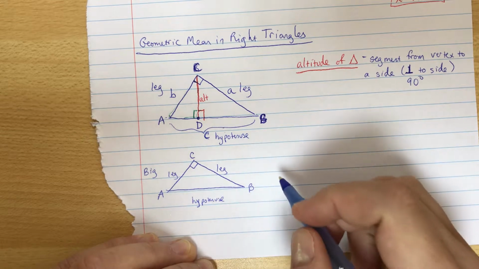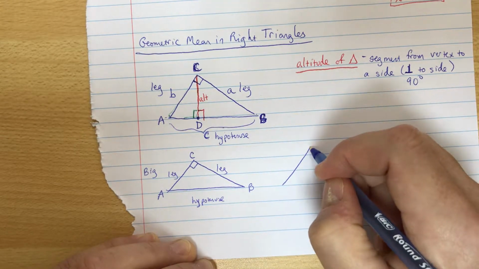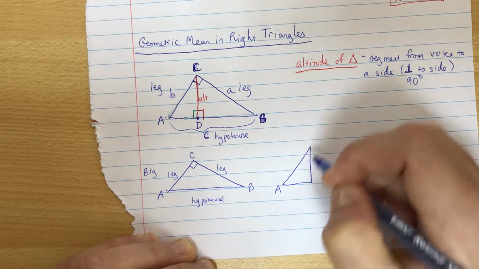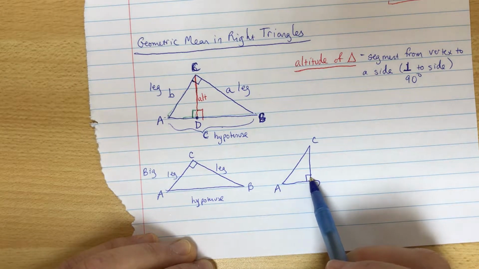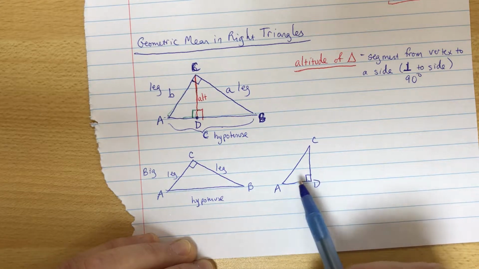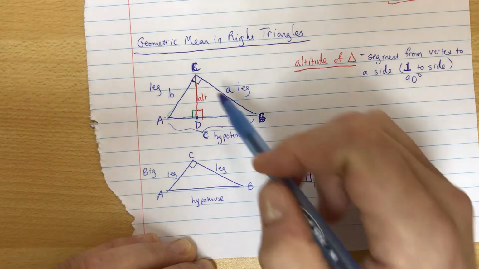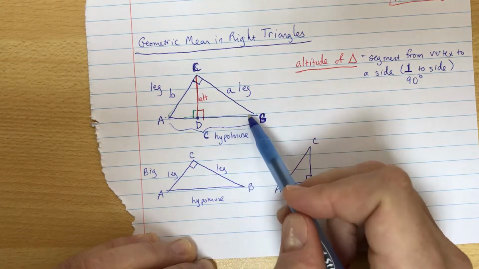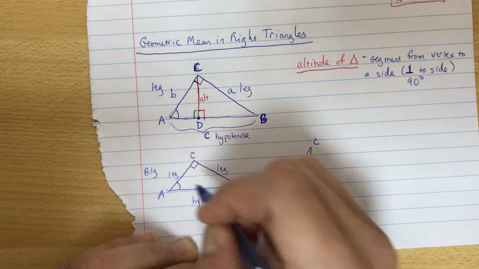And if we take the big triangle, let's compare it to one of the small ones. Let's compare it to triangle ACD. Notice that they both also have angle A. Here's the big triangle, here's my angle A. I'm going to label that with one arc.